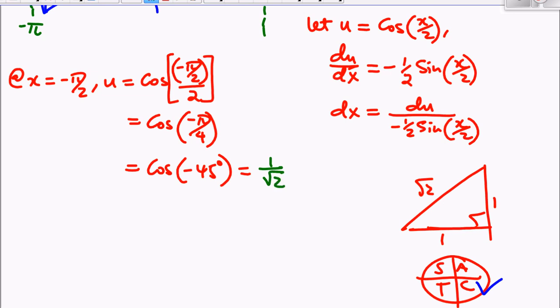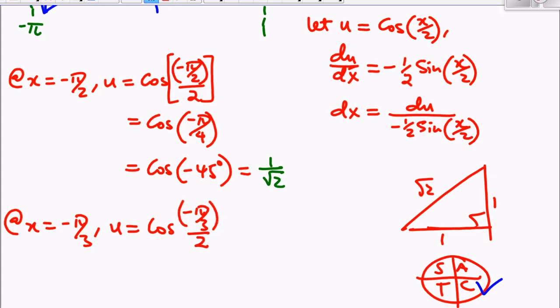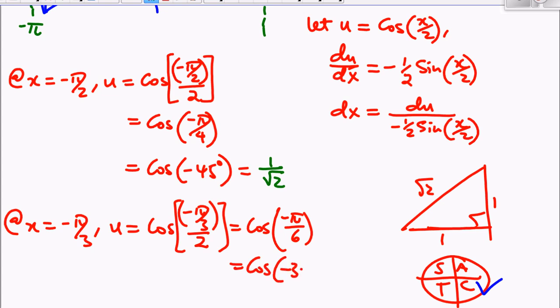And then at x equals negative pi over 3, u will be equal to cosine of negative pi over 3 divided by 2, which will be equal to cosine of negative pi over 6, which is the same as cosine negative 30.